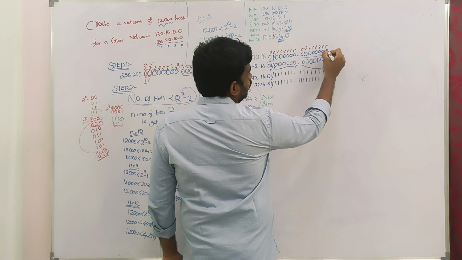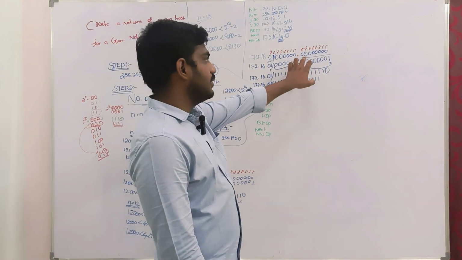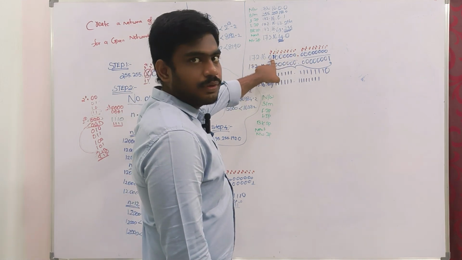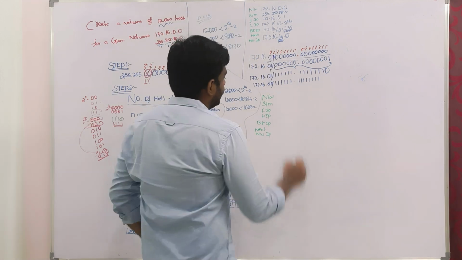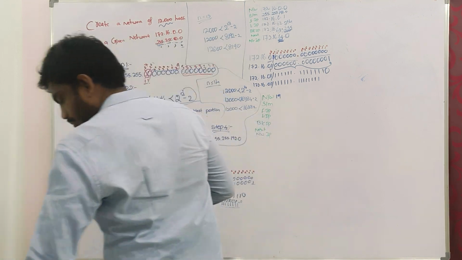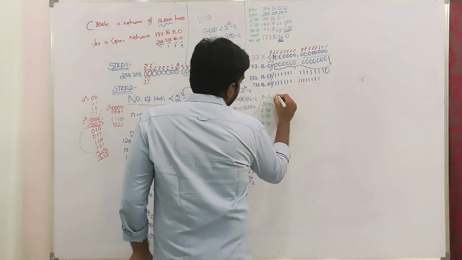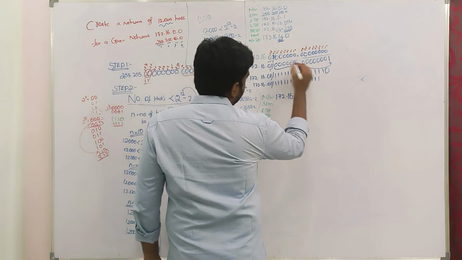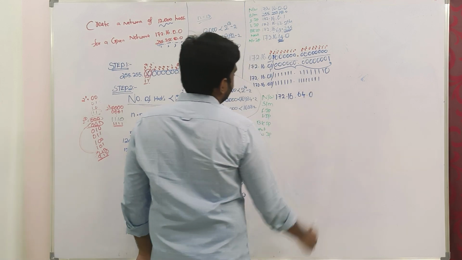If you multiply 0 into 2 power 0, 2 power 1, whatever, the result is 0. You ignore all this part. But here, if you multiply 1 into 2 power 6, you will get 64. So 172.16 dot, in the third octet we get 64, in the fourth octet we get 0.